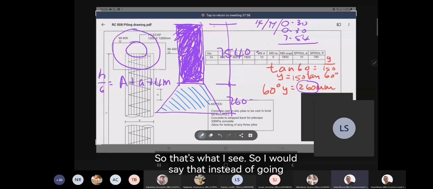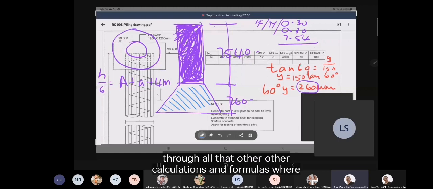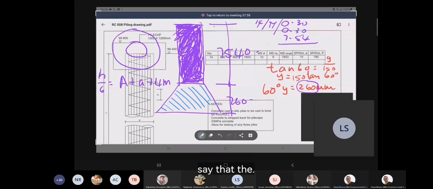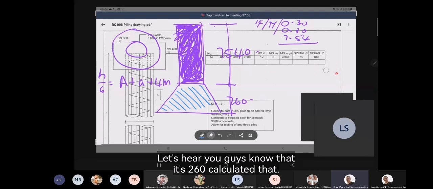So I now say that instead of going through all those other calculations and formulas where I can confuse myself, I would rather use this one. Let's say you guys know that it's 260, we've calculated that.